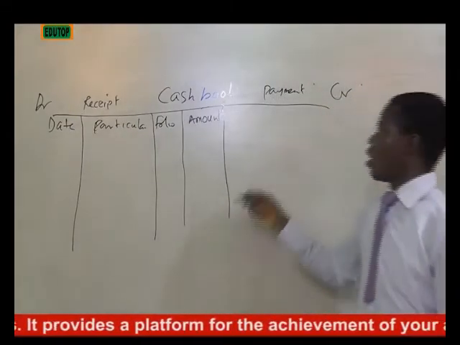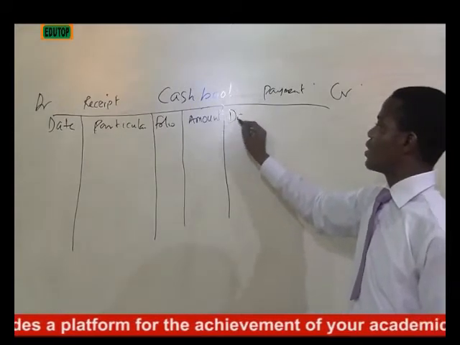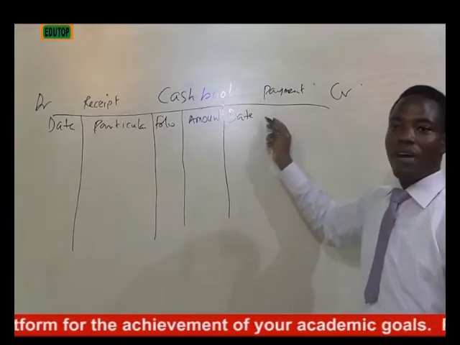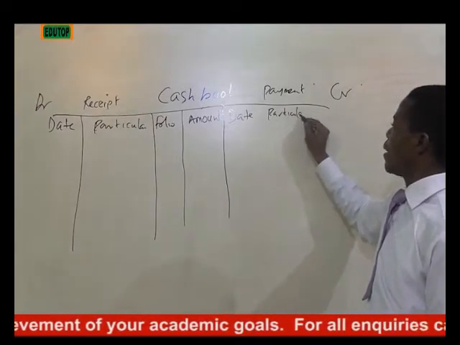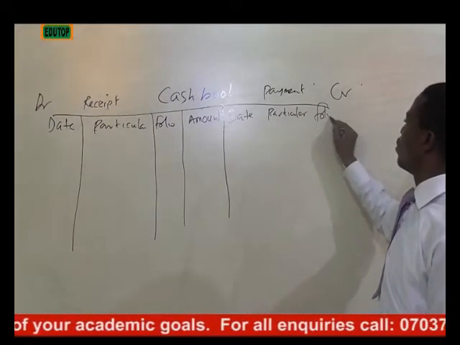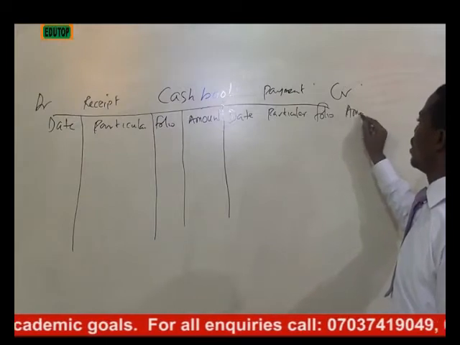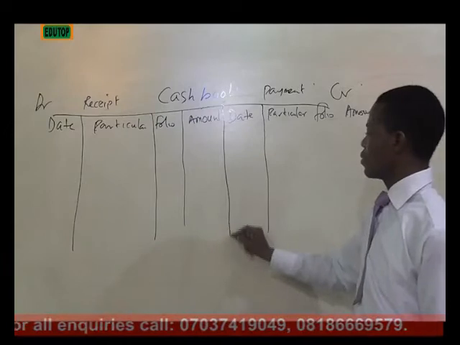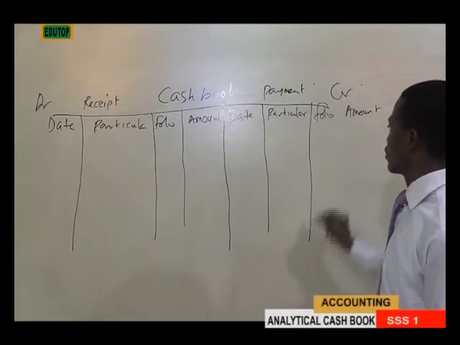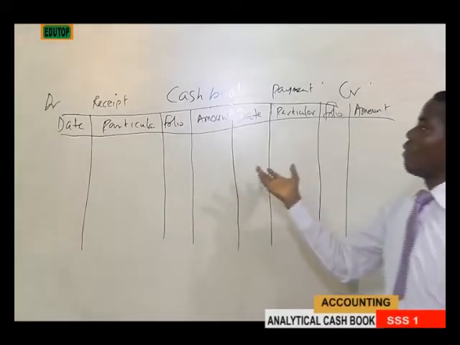Then on the credit side, we have date, particulars, folio, and amount. So this is the format.